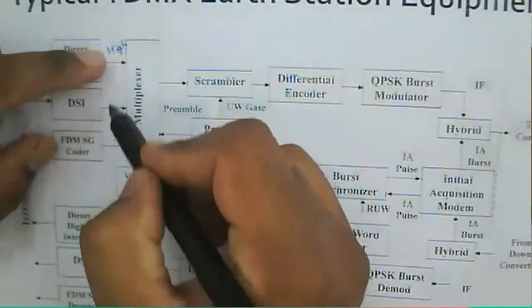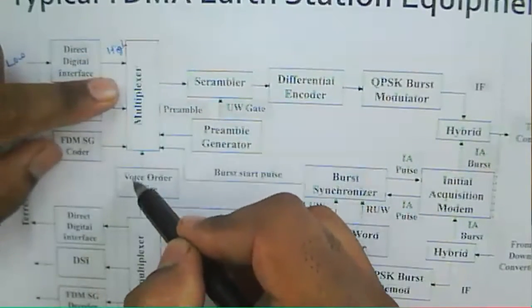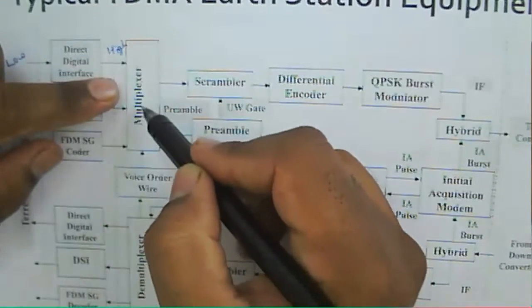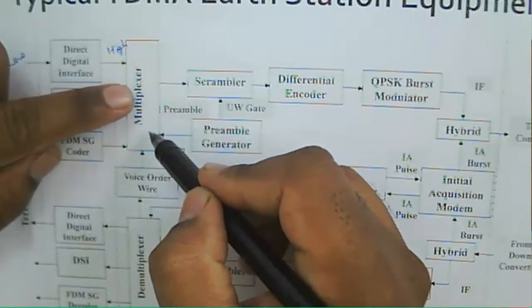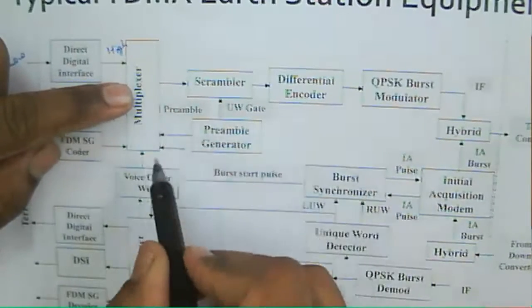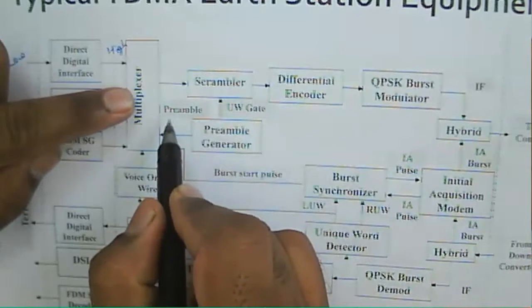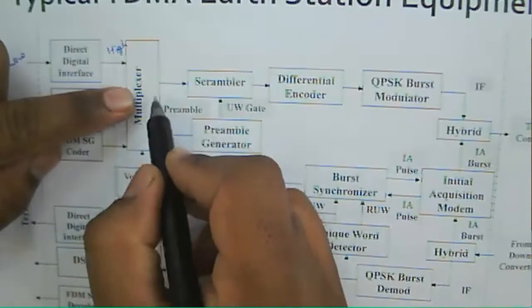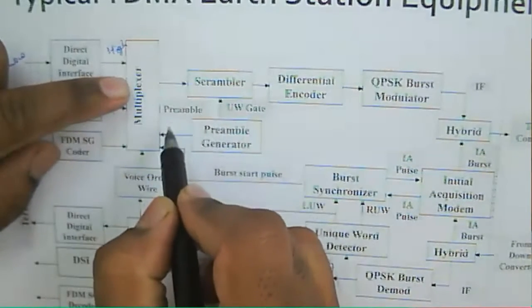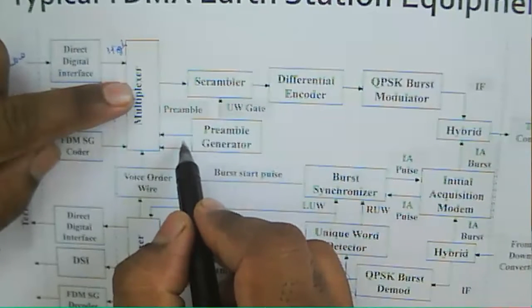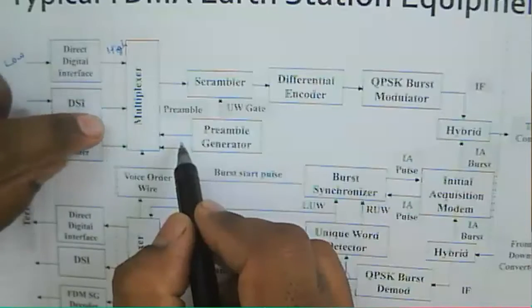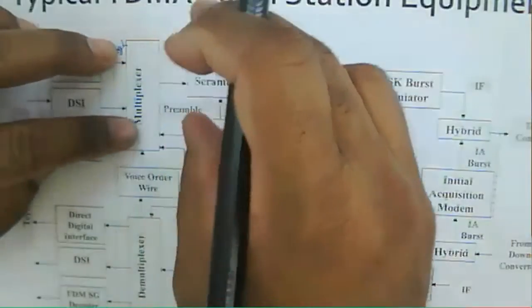So the multiplexer combines the voice order wire bits, and it combines whatever preamble data comes from the preamble generator, and then it forms one particular data bus.